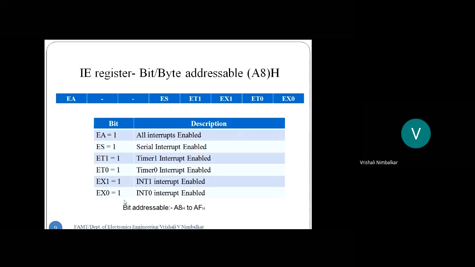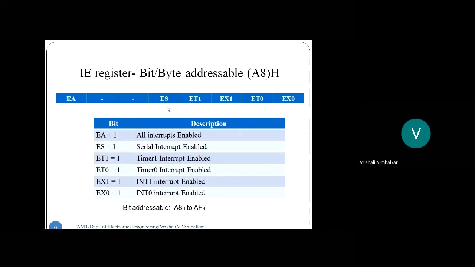If the bit is 0, you have disabled the corresponding interrupt. EX1 is external interrupt 1. If EX1 is set, external interrupt 1 is enabled. If the ET0 bit is set, timer 0 interrupt is enabled. So whenever the respective bit is 1, you have enabled the respective interrupt.